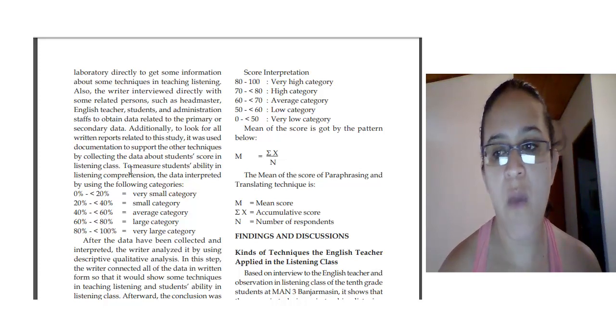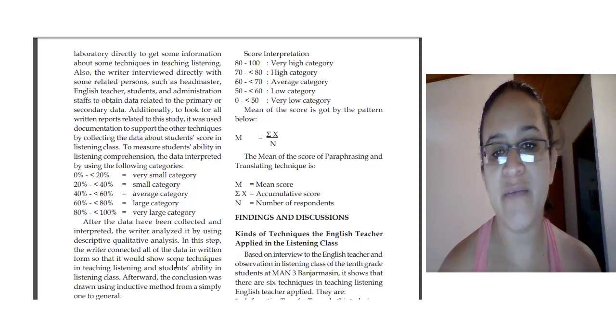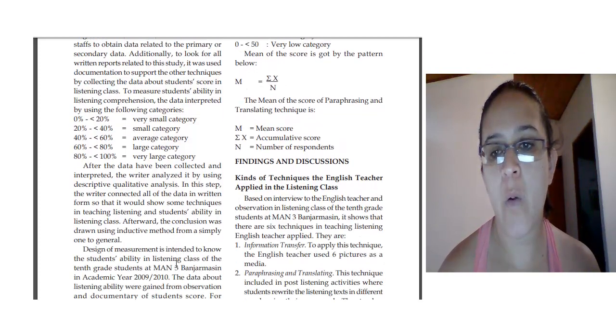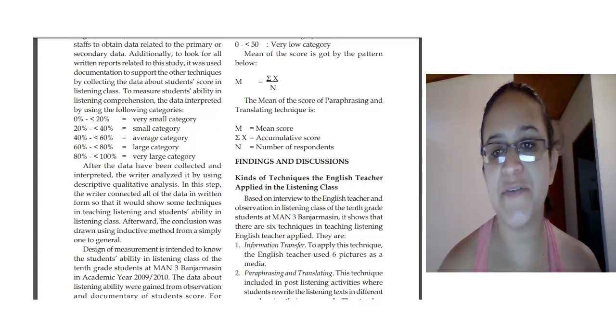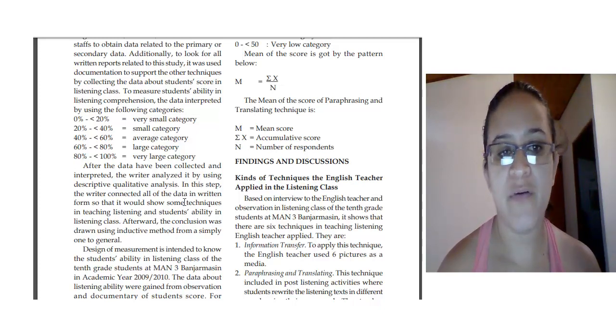However, there are more aspects that show that this is a qualitative research, like how this data was analyzed. The article expresses that it was analyzed through a descriptive analysis and concluded through an inductive method.